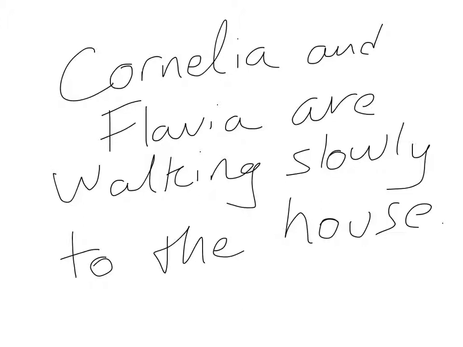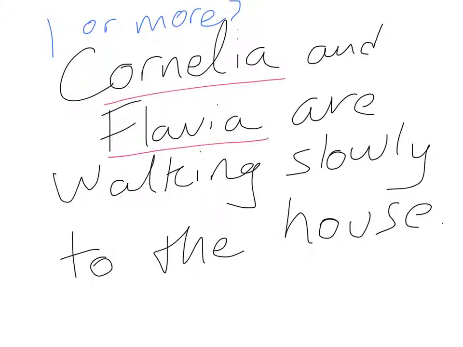My first order of business is to consider, is this sentence talking about one person, or more than one? You can come to the conclusion pretty quickly: there's Cornelia and there's Flavia. It's more than one person. So I know that Cornelia and Flavia, their accompanying verb, are walking, and any adjectives that describe them are going to be plural. We'll keep that in mind as we go forward.